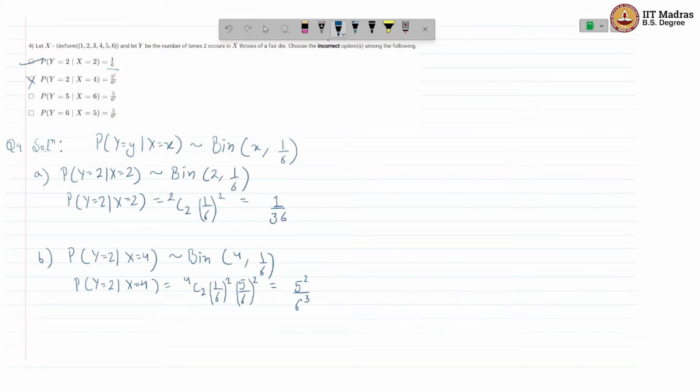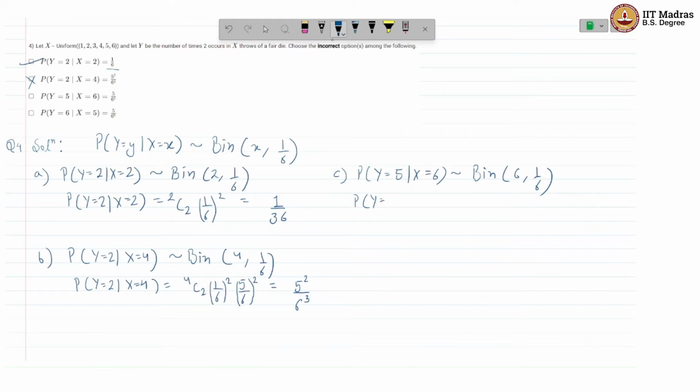Now checking option number C. In option C, we have to find conditional probability y is equal to 5 given x is equal to 6. This will also follow binomial 6 comma 1 by 6. So now calculating the probability.